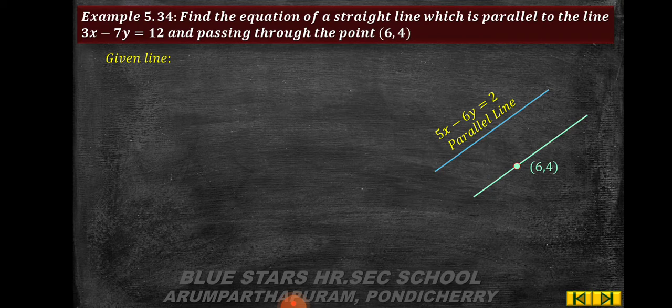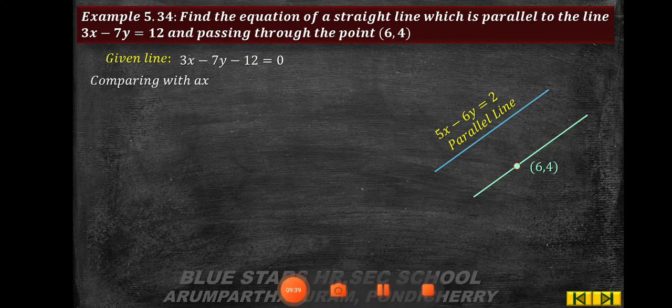So the given line is 3x minus 7y minus 12 is equal to 0. The equation is wrongly given in the diagram, so you just change the equation; 3x minus 7y minus 12 is equal to 0 is the correct equation.